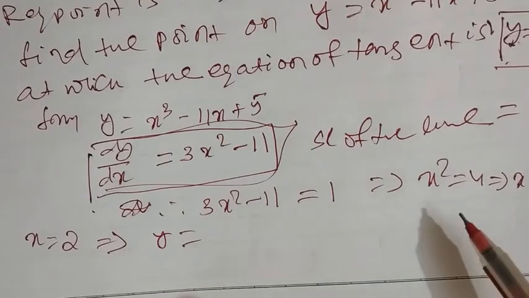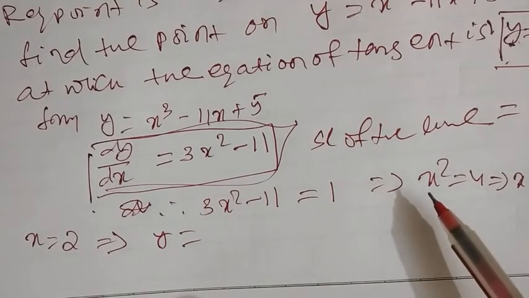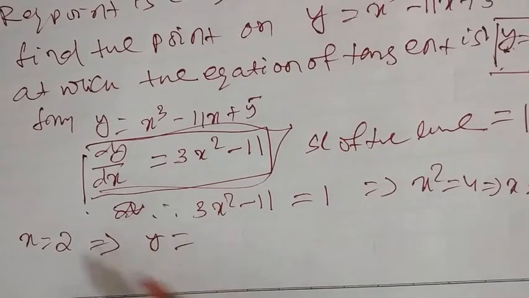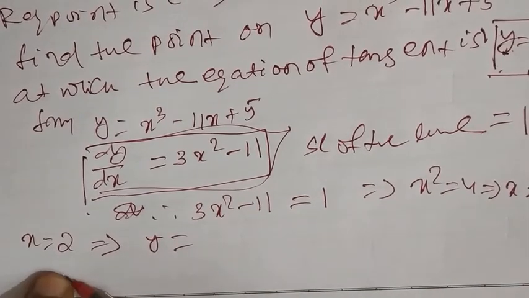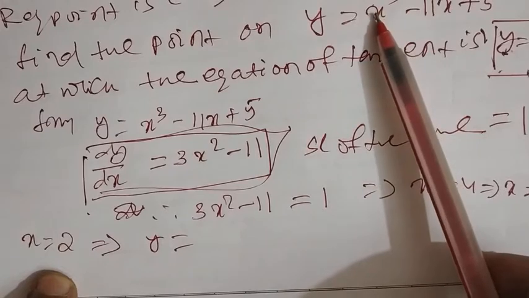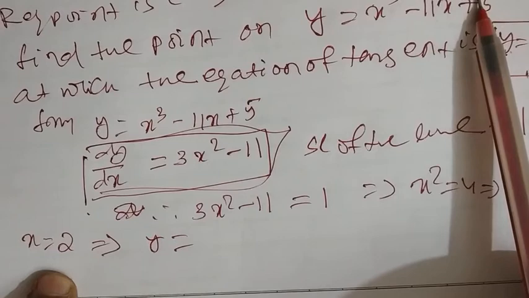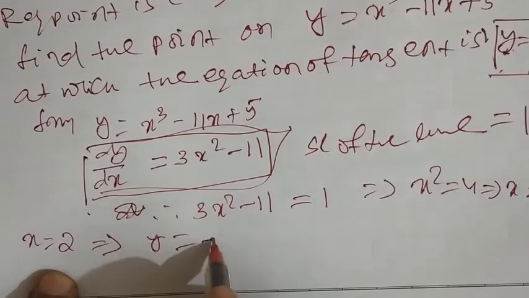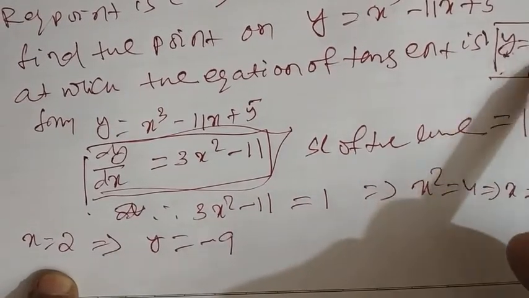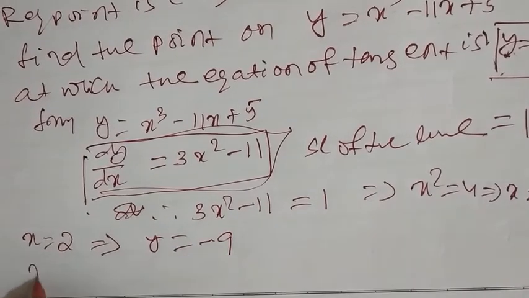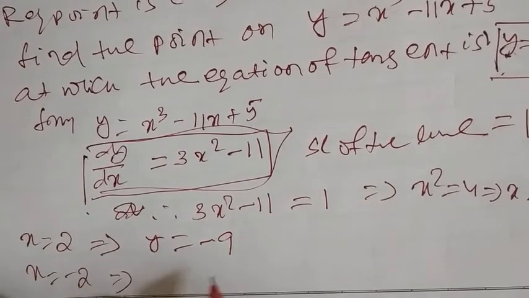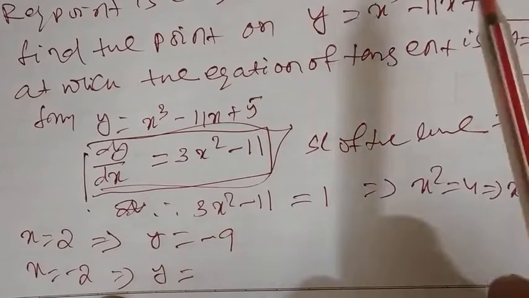X is plus minus 2. x2 लगा. x2 लगाने से क्या मिलता है? Here 13 minus 22 is minus 9. यहाँ लगा, minus 9 भी मिलेगा. x equal to minus 2 gives me y is how much?